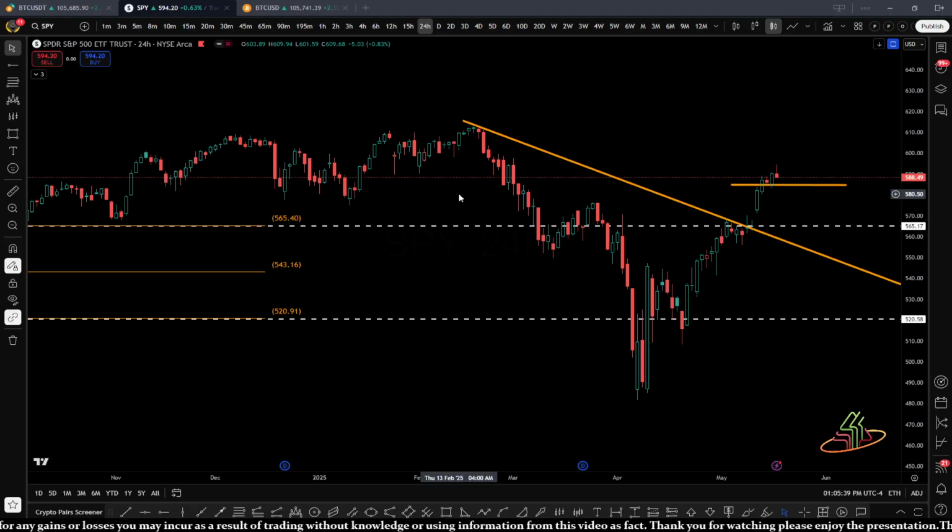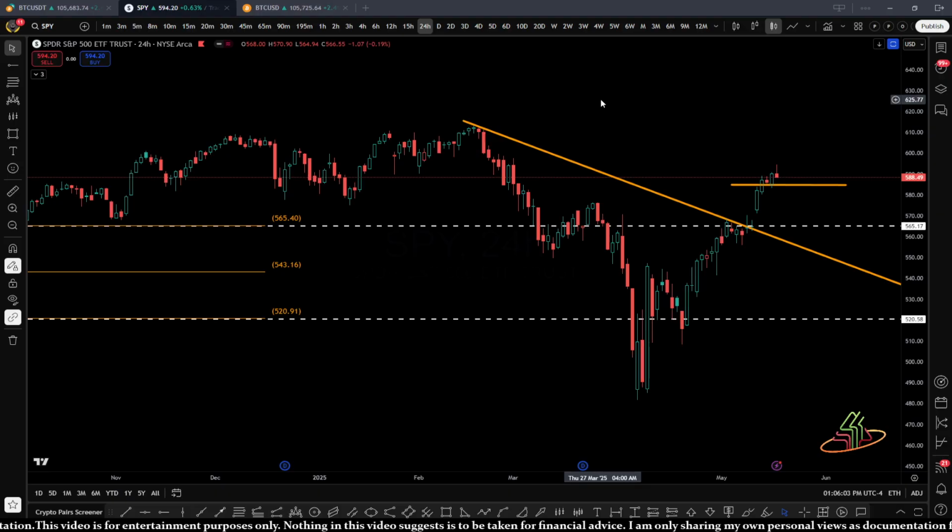We did our pitchforks. We added into today's lesson the candlesticks, the different candlesticks that we'll use, and how to read them. And yeah, that should be about it.